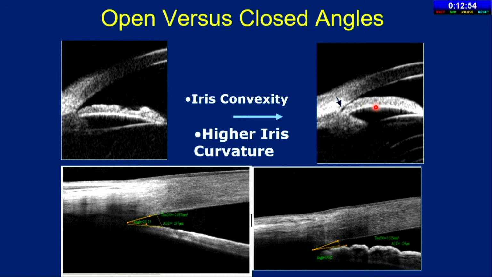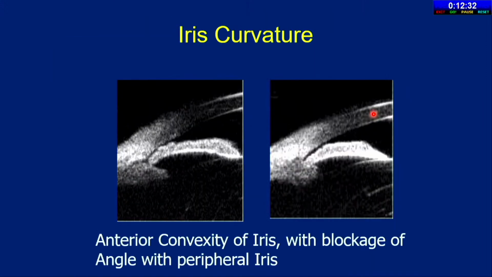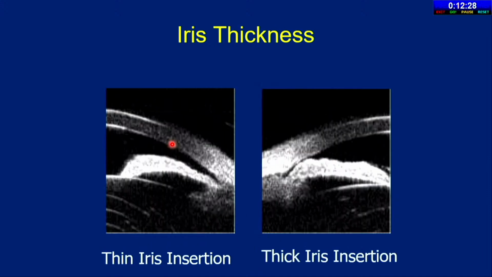You can see here the eye which has a closed angle has high iris curvature, and there is crowding of the iris at the angle, and in this eye it is relatively open, and you can see that the iris curvature is flat. And here you will see the distension of the posterior chamber because of the high pressure in the posterior chamber. Again, you can see this iris convexity here blocking the angle.